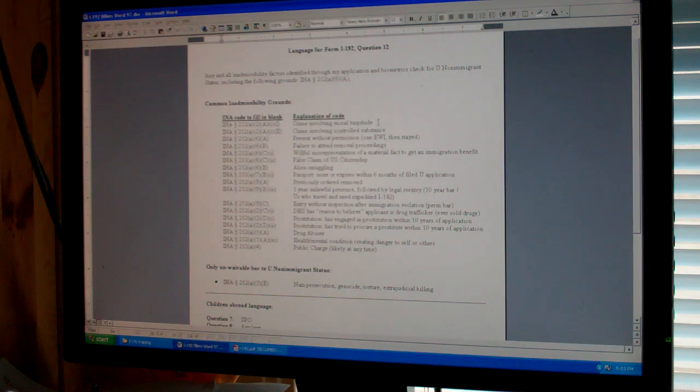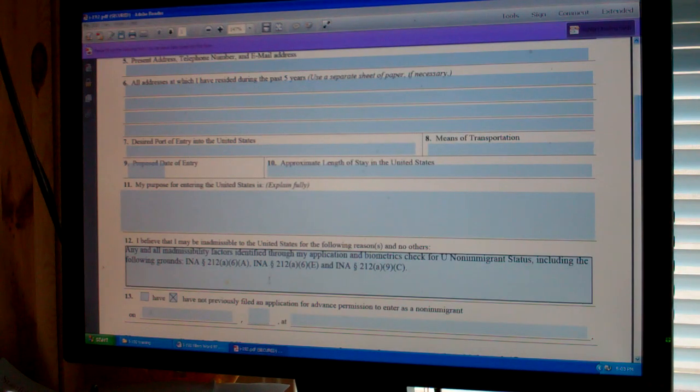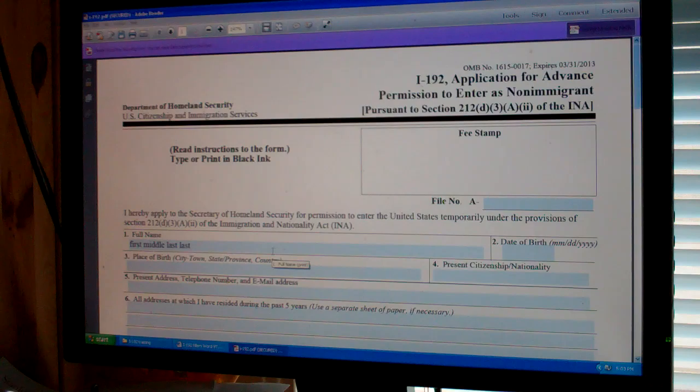Crime involving moral turpitude is fraud crimes, violence crimes, and sexual crimes. Driving under the influence is not a crime involving moral turpitude. The reason that we even take it seriously for purposes of the I-192 is that the I-192 is a discretionary determination.